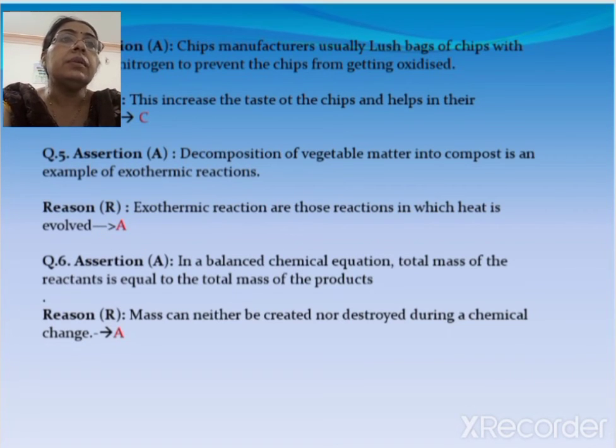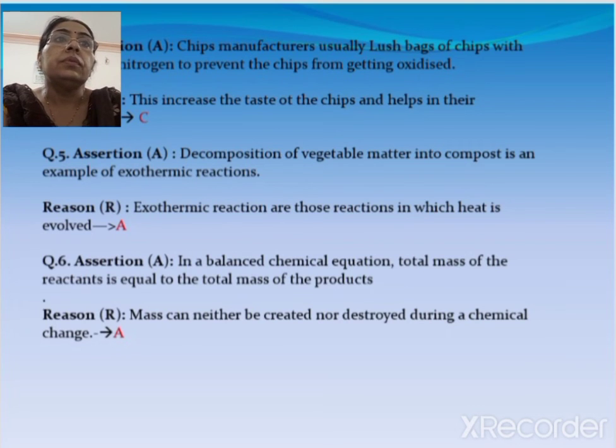In a balanced chemical equation, the total mass of the reactants is equal to the total mass of the products. It is the assertion. The reason is given here: mass can neither be created nor destroyed during a chemical change.